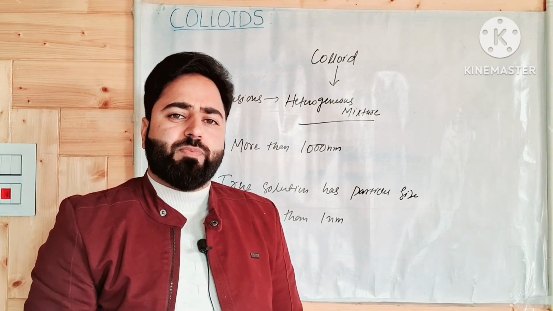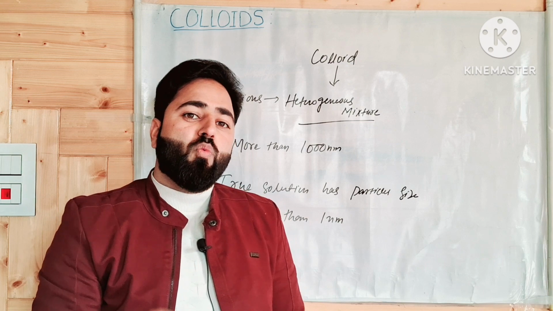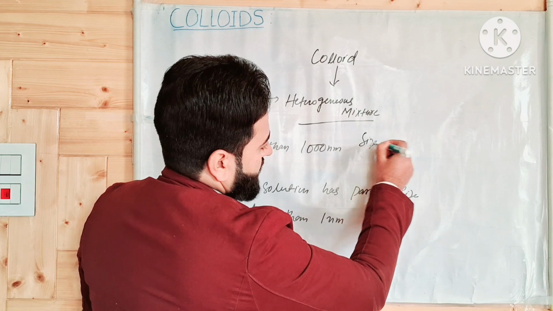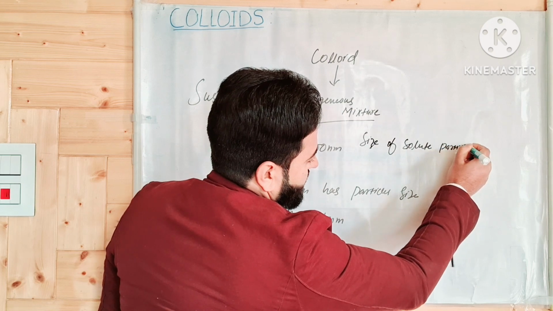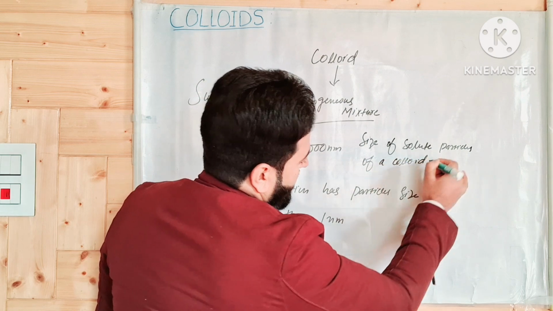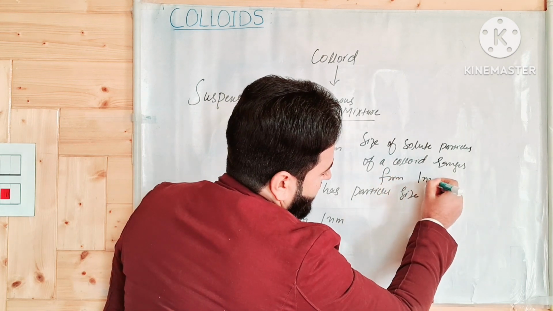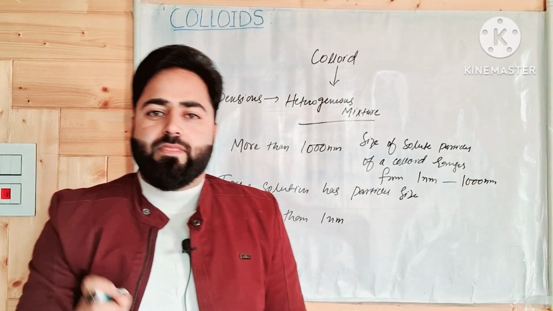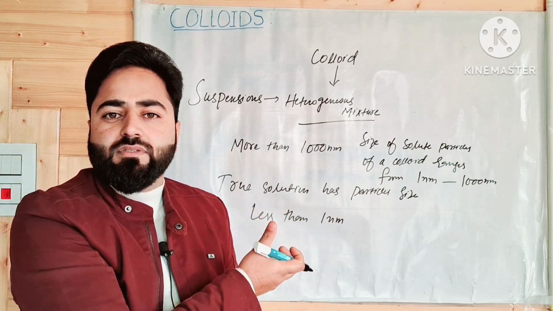To be more specific, the size of solute particles of a colloidal solution ranges from 1 nanometer to 1000 nanometer. It is a midway.